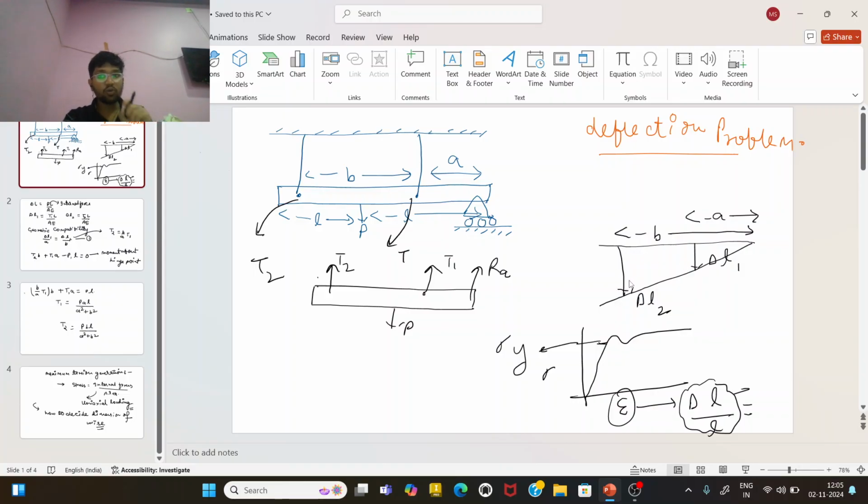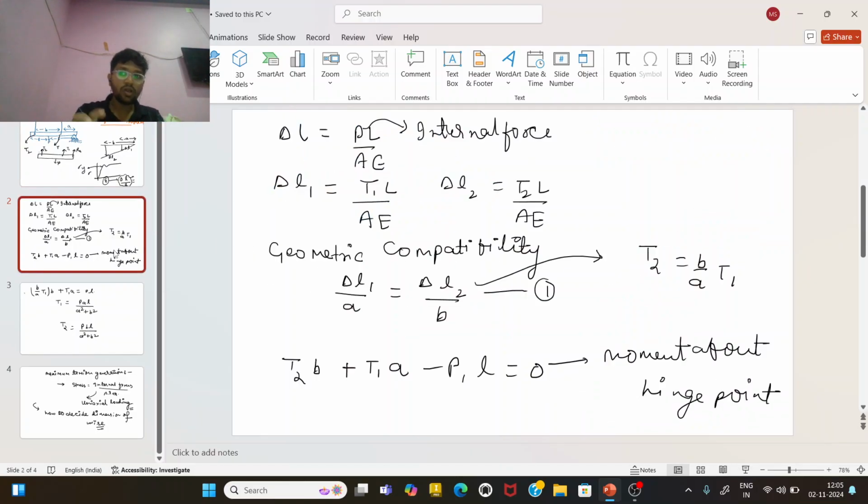We can find delta L1 and delta L2 using the definition of stress, where the internal resistance forces are tension forces. So delta L1 is equal to T1 L upon AE, and delta L2 is equal to T2 L upon AE.